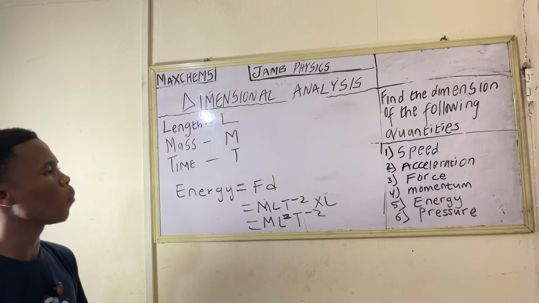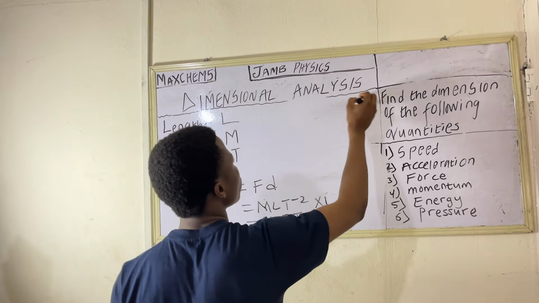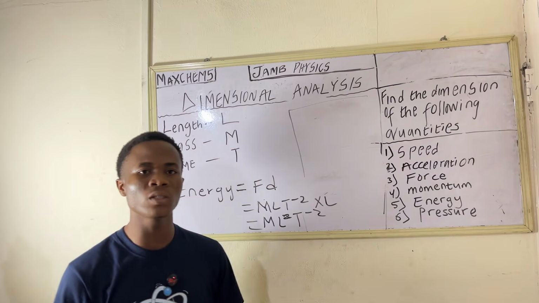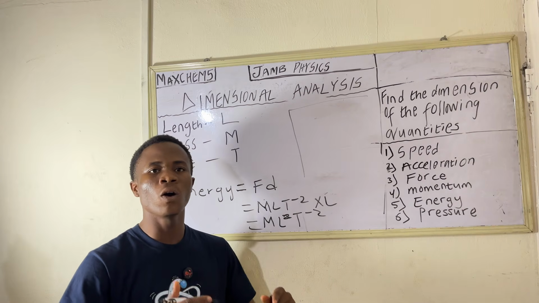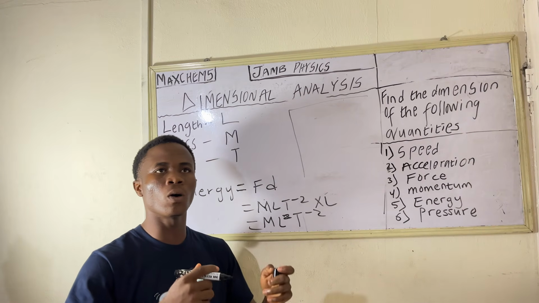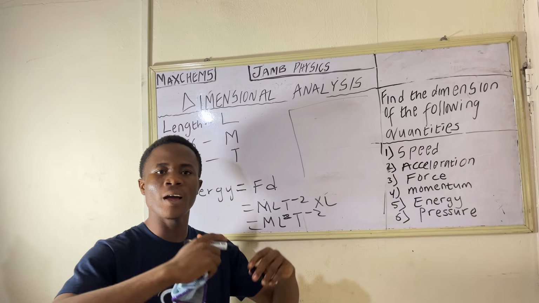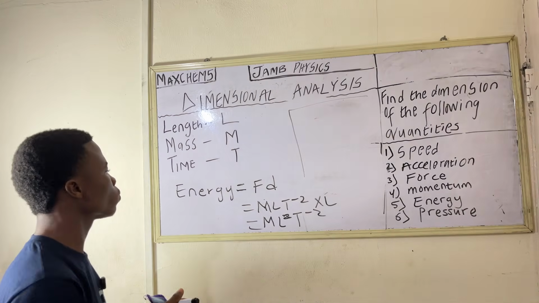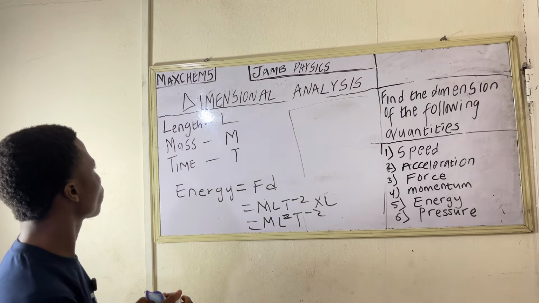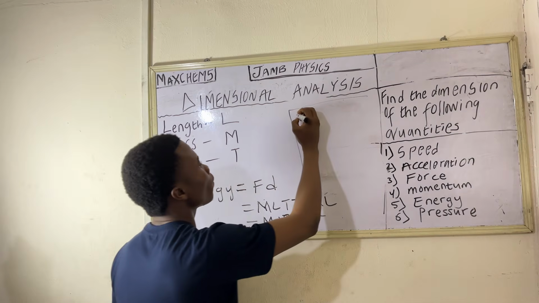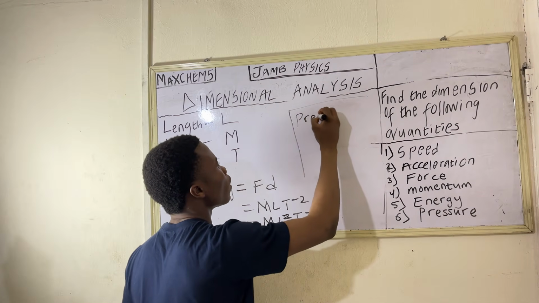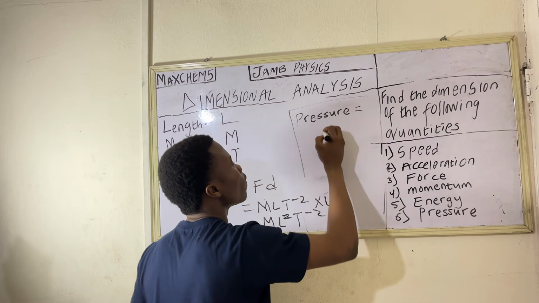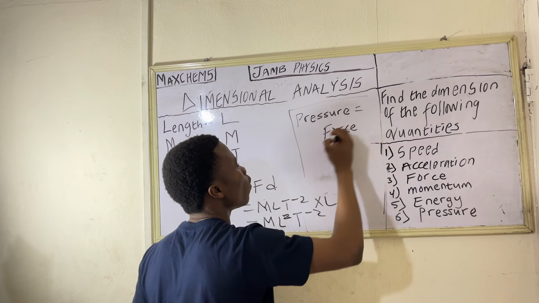So let's look for pressure. If you know these things, you can find the dimension for any physical quantity: voltage, electric current, electric charge, any of them. Pressure is equal to force over area.